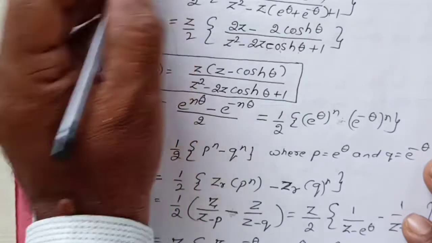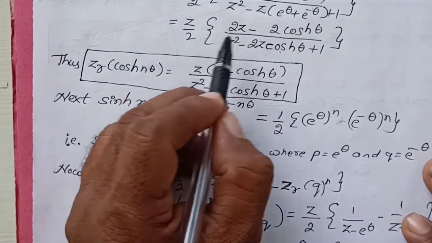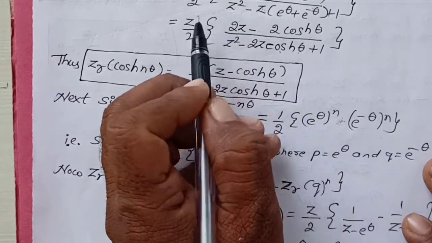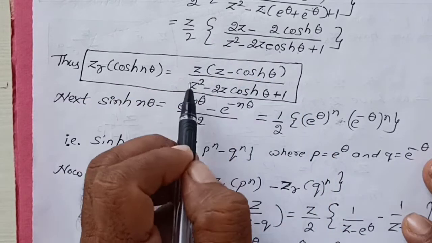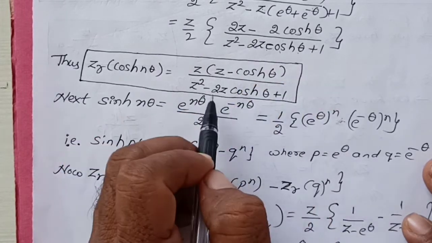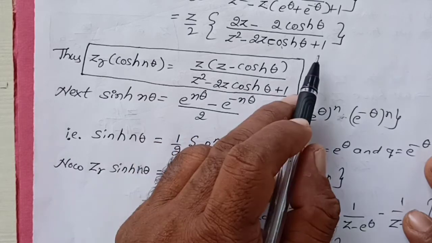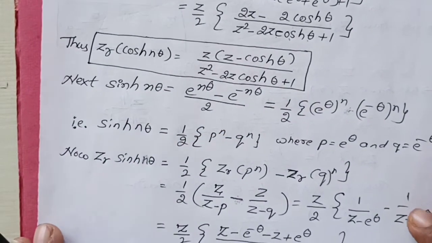Therefore the z transform of cos hyperbolic n theta is equal to, what happens here, the 2 gets cancelled, 2 taken outside common and gets cancelled, so it becomes z upon this z minus cos hyperbolic theta divided by z square minus 2z cos hyperbolic theta plus 1. So one answer we got.